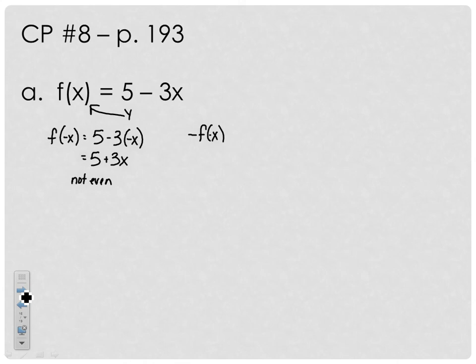And we need to put in our negative x. So negative f of x equals 5 plus 3x.